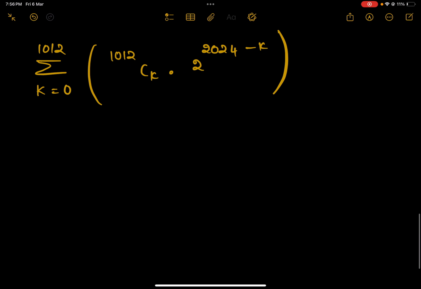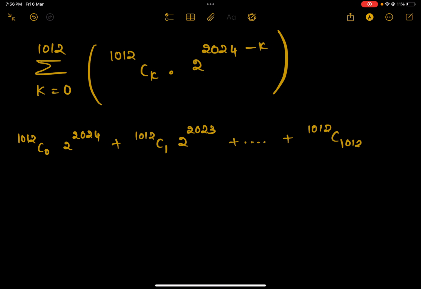What do we get when k is equal to 0? 1012 C0 2 to the power 2024 plus 1012 C1 2 to the power 2023 plus and so on, 1012 C1012 2 to the power 1012. So this is what we have.